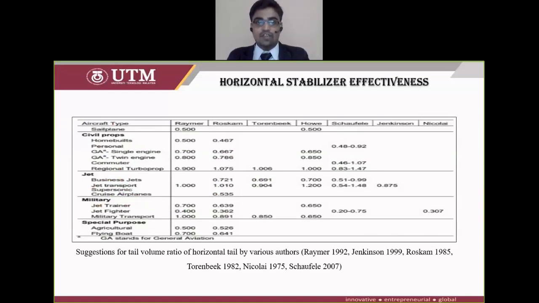Based on the table, by referring to the Raymer 1992 sources, the tail volume ratio for the horizontal stabilizer, which is 0.5, is reasonable and effective, as it can be compared from the table above under the civil propeller aircraft type and the category of home build, where home build can be defined as an amateur built aircraft or kit planes that are constructed by people for whom this is not a professional activity.